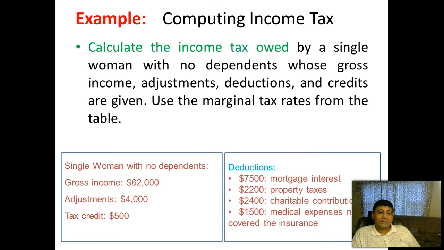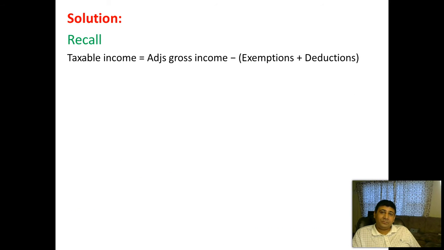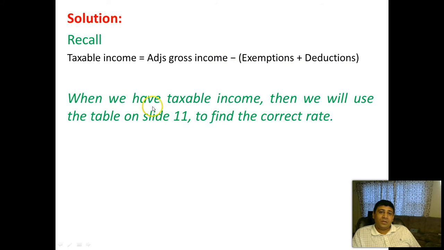Now let's look at all three items of calculating the tax. First of all, we need to find her taxable income, which is the adjusted gross income minus the exemptions plus deductions. When we have taxable income, then we will use the table given on the previous slide to find the correct rate.